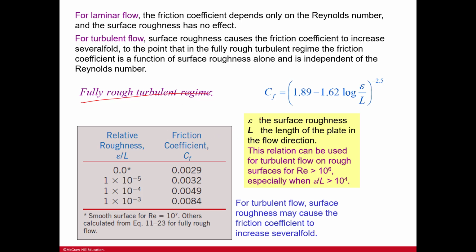Here you see that this little e is the surface roughness, L is the length of the plate in the flow direction, and you can use that relation for turbulent flow on rough surfaces for Reynolds numbers in excess of 10 to the 6, especially when the ratio of surface roughness to length of the plate is greater than 10 to the minus 4.